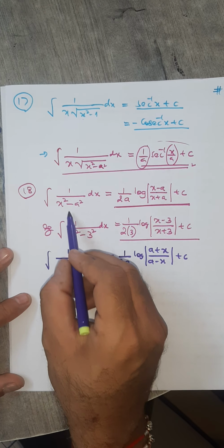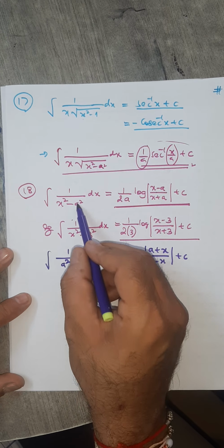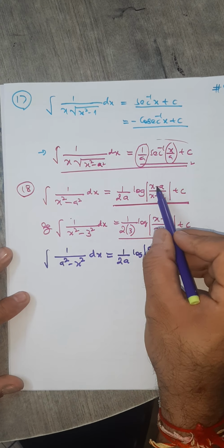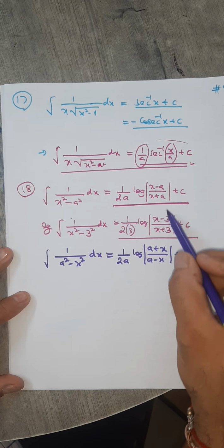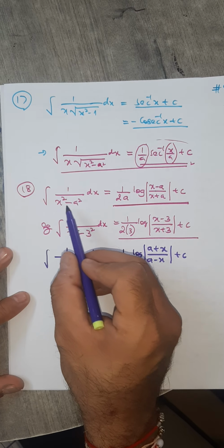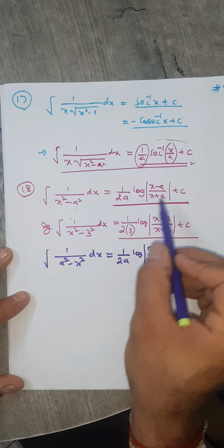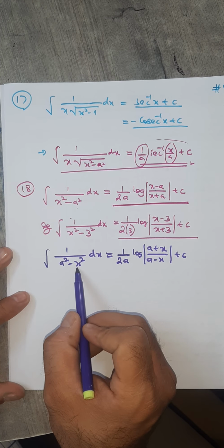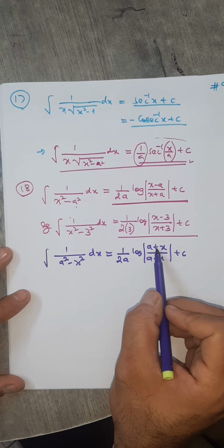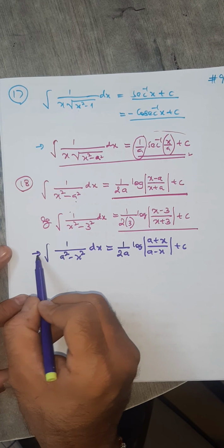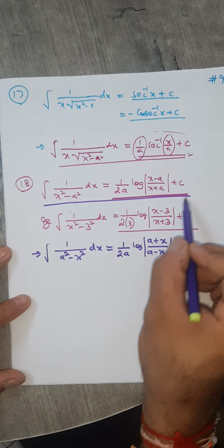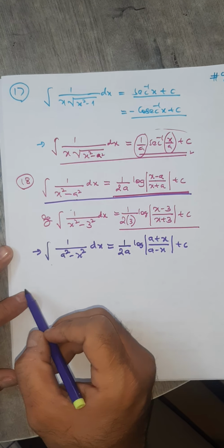If you think for a while, the only difference between these two is minus sign. Because of that power, this factor gets interchanged. Here minus factor in the numerator if you have x square minus a square. If you have a square minus x square, then plus factor in the numerator. Okay, so one more based on this. This is the main formula. Just from there we have this.